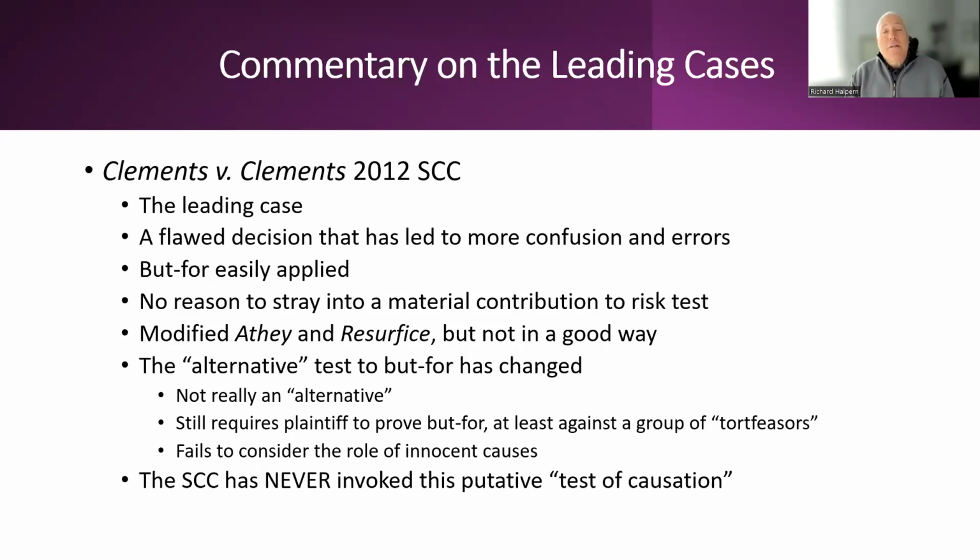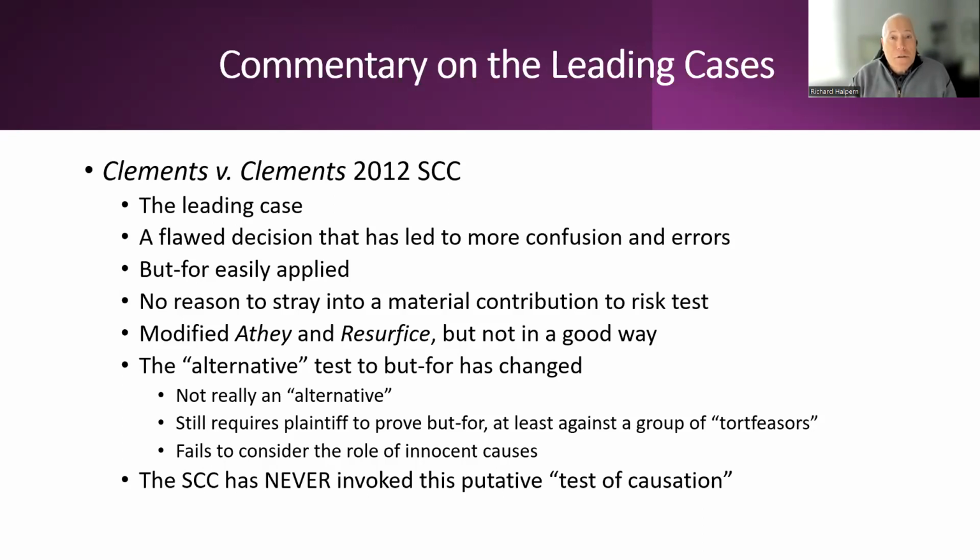And in Clements, Justice McLaughlin, Chief Justice McLaughlin, qualified, limited, or narrowed the previous versions of the material contribution test to provide that it only applies where the plaintiff has proven that one or more defendants, one or more tortfeasors, named defendants, are responsible for the loss.